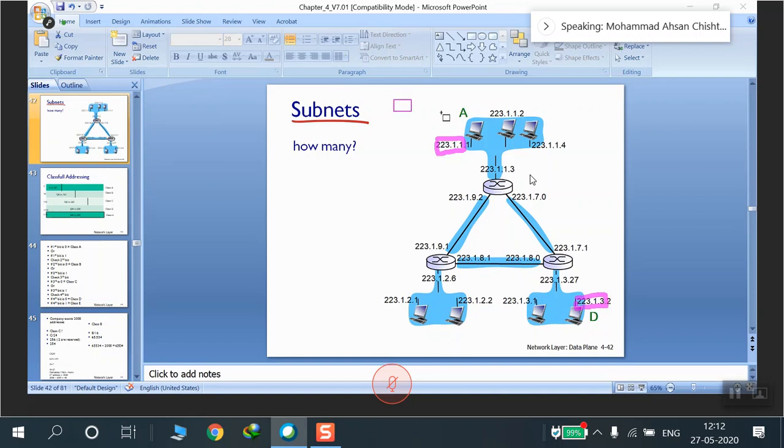The network layer again receives this from the transport layer, adds its own header here, and within this header there would be some information. What information?